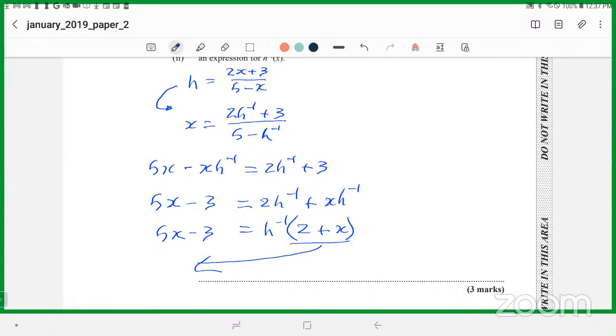Or it is the same as saying divide both sides by 2 plus x. Same difference. Shortcut is to say, as it's over here multiplying, we're going to divide it on this side. And so we're going to get h to the minus 1 equals 5x minus 3 over 2 plus x. Let's write it up here.